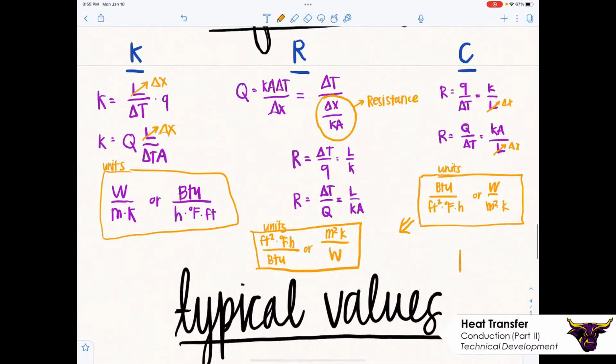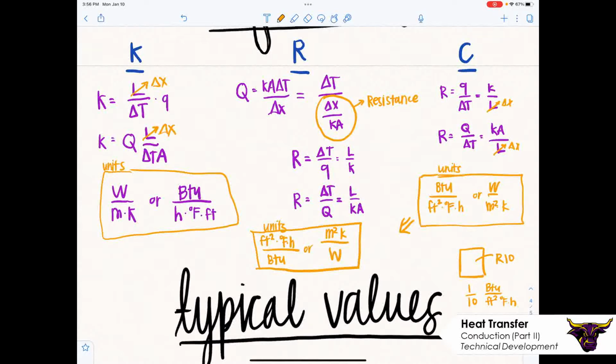It's because if you think about having 1 foot squared of something, let's say that this has an R value of 10. If we think about conductance, that's going to be equal to 1 over 10, because we know that conductance is equal to 1 over R. And then thinking about the units, that's going to be BTU per foot squared, degree Fahrenheit, hour.